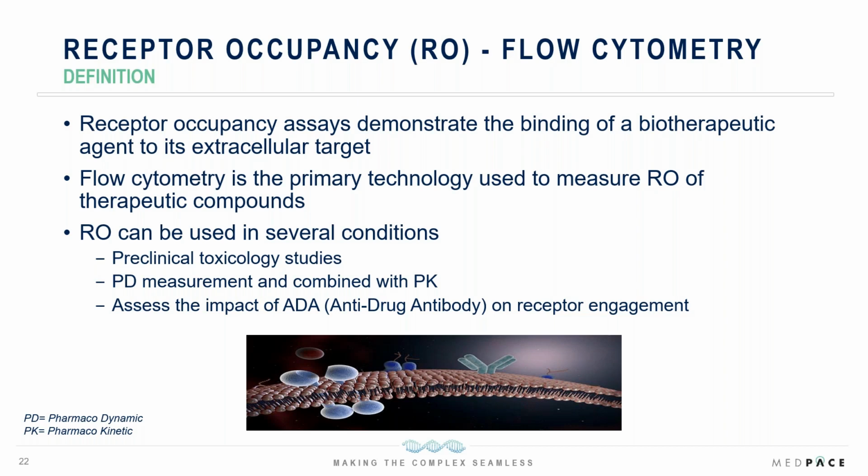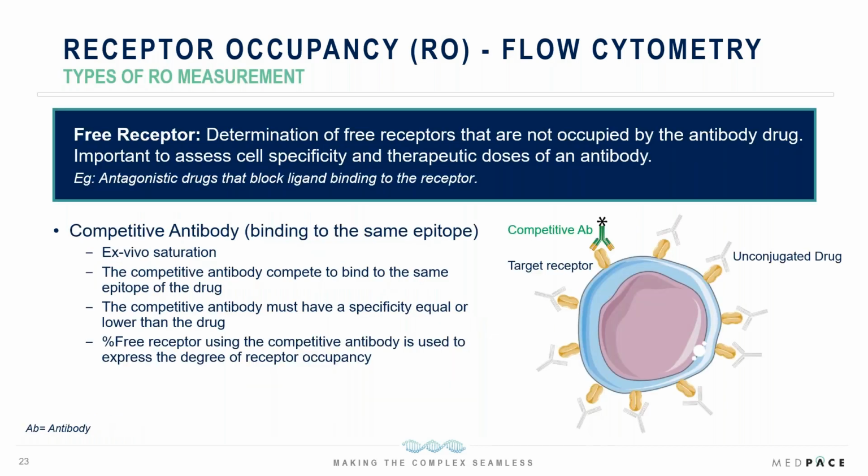Now in the next slides, I will provide you some information regarding the different types of measurements that we can perform to address the percentage of receptor occupancy in clinical trials. Here, the first measurement that we can do is the percentage of free receptor.